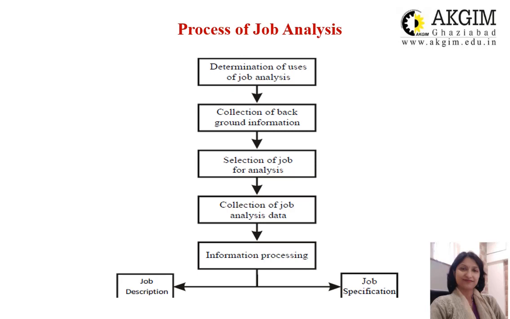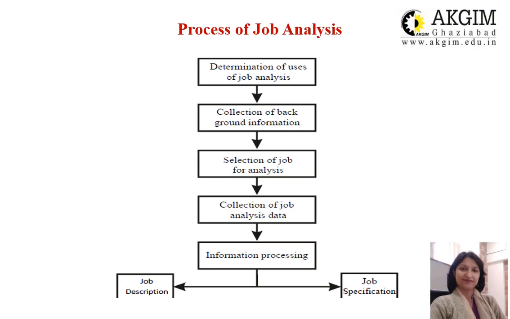So separate job description forms may be used for various activities in the job, and then job analysis is made with the help of these description forms, and then you will be left with the second set of information, which is job specification. It is also prepared on the basis of information collected, and it is a statement of minimum accepted qualities of a person to be placed on the job.